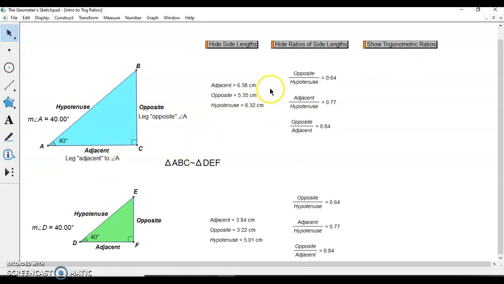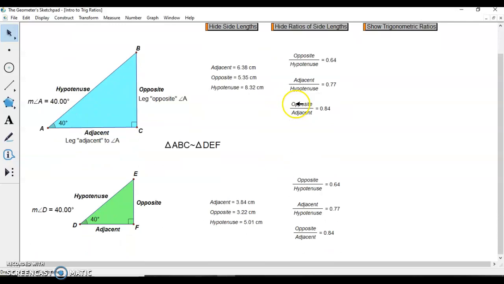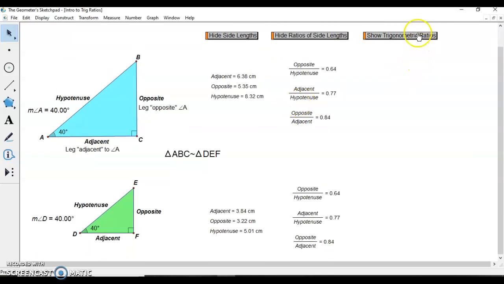Right now, the next step was what does all of this have to do with these words sine, cosine, and tangent? So the next thing I'm going to show you is the trigonometric ratios for this triangle, which I've already calculated. In this triangle, the sine ratio, which I know you don't understand what that means yet, is 0.64.